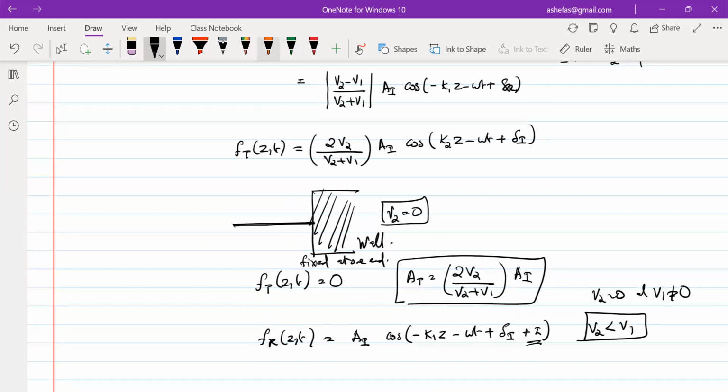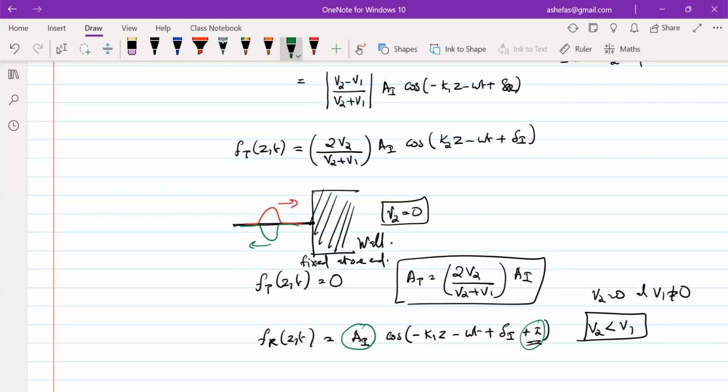So that means if you have an incident wave like this, then the reflected wave would be like this. There will be a phase flip, and it has the same amplitude. So both incident wave and the reflected wave will have the same amplitude Ai, but there is a phase flip of pi.